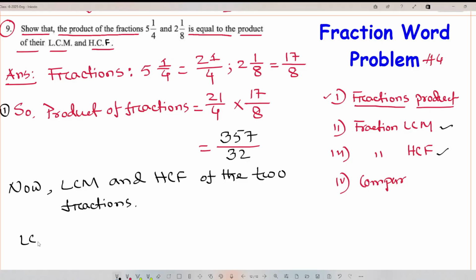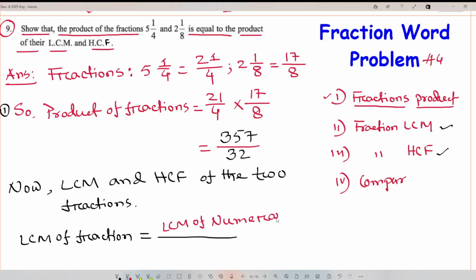So the LCM of fractions equals, here is a rule, LCM of numerators divided by HCF of denominators.